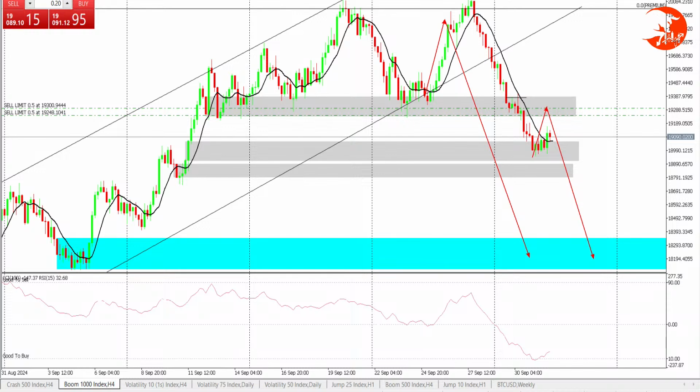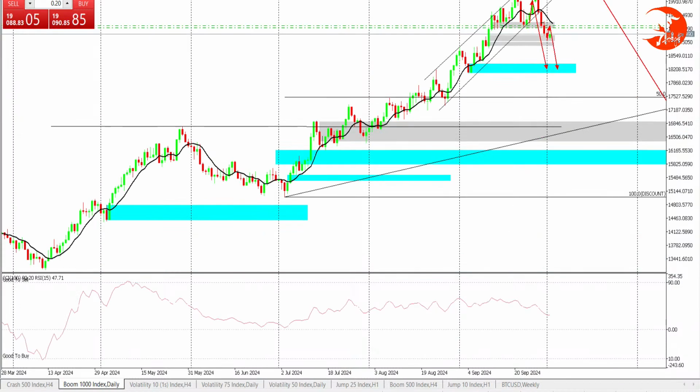We said we can't make entries for sales here. The price was here, and we put our Fibonacci there, to understand where price may come back to. So we had that level there.